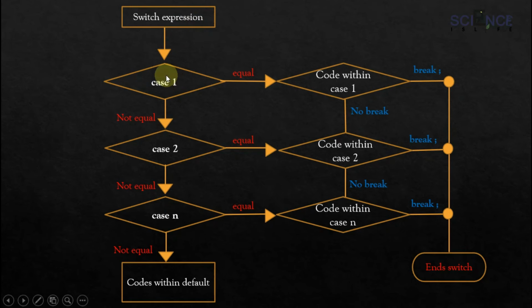The compiler is looking for a similar case for this expression. That is what the compiler does. If the first case is similar to the expression, then it is equal, and it goes inside this case and executes each and every statement within it. Then the compiler will check whether there is a break.